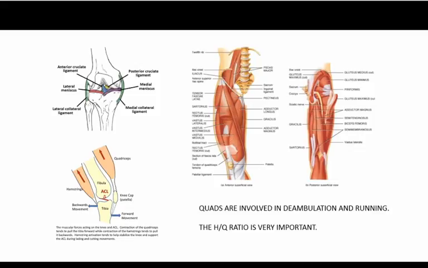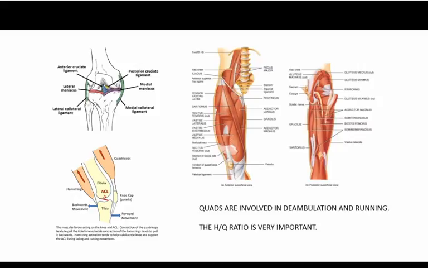So if we follow the second picture on the left, on the bottom, we can see why it is important. It's well represented, the ratio between the quadriceps and the hamstrings in the knee joint. Why?